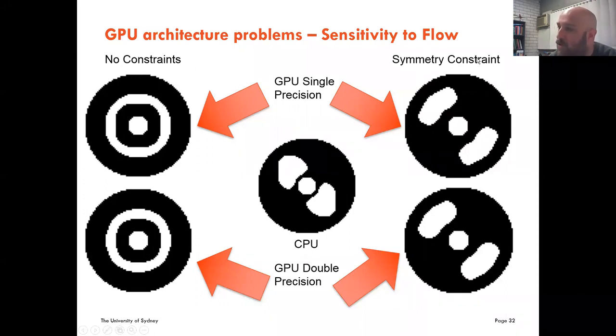And we have to introduce some form of constraint to start getting something close, but it is not as good as the original CPU answer. So there is something with the GPU and a flow solver in this type of coupling that doesn't quite work very well. And there probably needs to be a little bit more input in the definition of the single and double precision in the GPU coding.